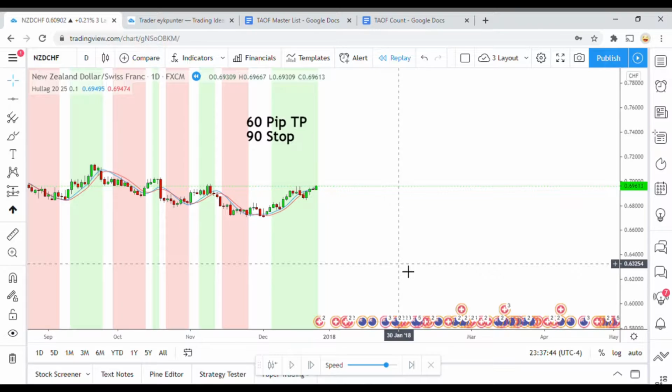Alright, as I said, today's indicator is the Hall Agreement Indicator. It is a TradingView member created indicator. So of course there will be a link to the indicator down below in the description. The indicator is pretty straightforward for the most part.